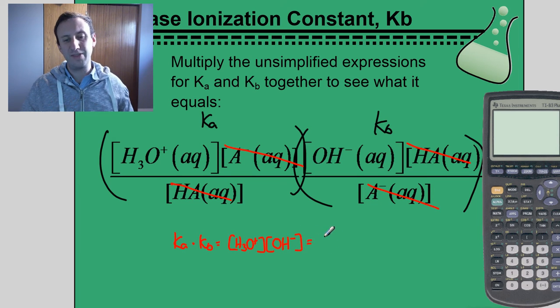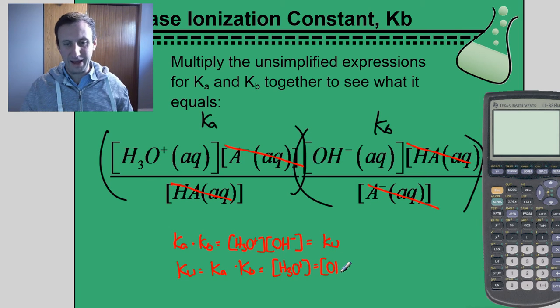Well, that's the Kw expression. So that means that Kw is equal to Ka times Kb. And of course, it is also still equal to hydronium times hydroxide. But we can use this fact that Kw is Ka times Kb to find Kb. So if I have the Ka, which I do from the data booklet, then I can find the Kb for the conjugate base of that acid.